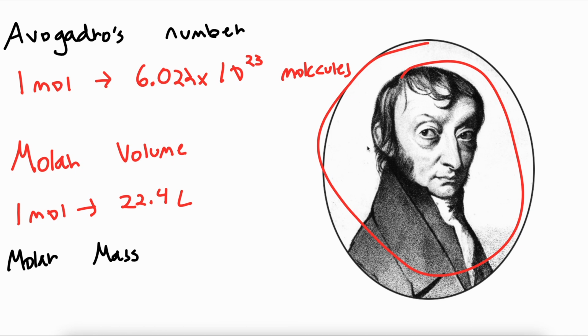The molar mass pretty much states if you go down to the periodic table and you look at an element, you see where it has its atomic mass. 1 mole of an element is equal to its atomic mass. So for example, 1 mole of oxygen would be equal to 16 grams of oxygen. 1 mole of hydrogen would equal 1 gram of hydrogen.